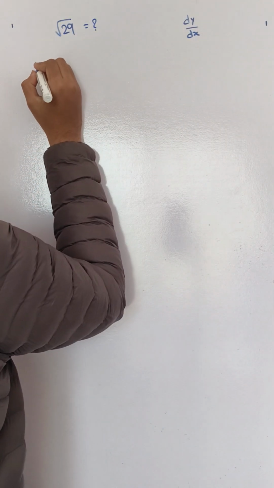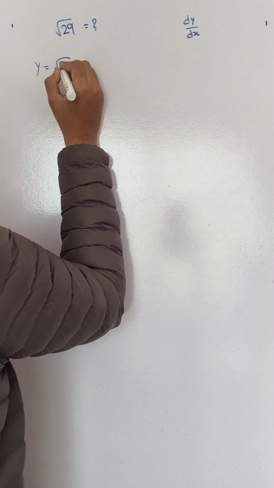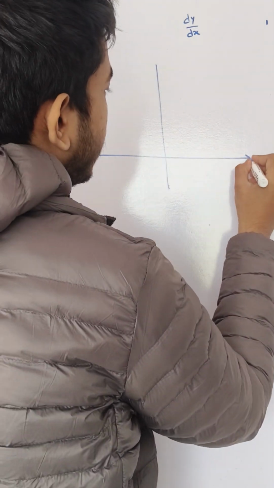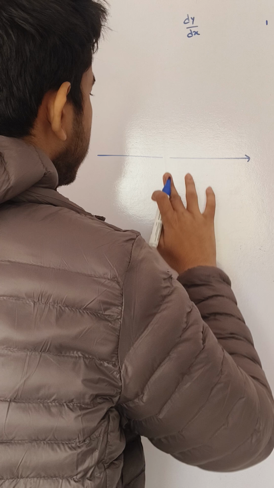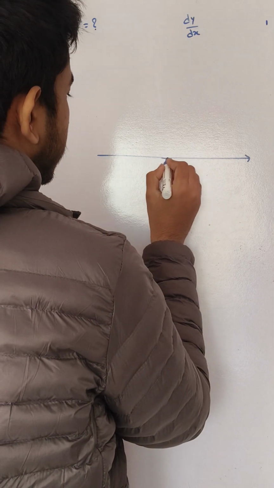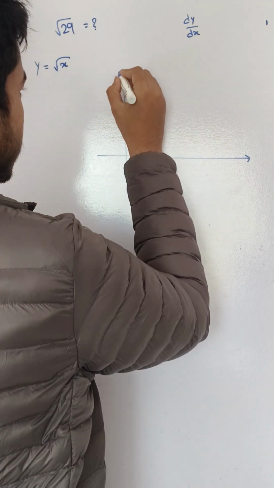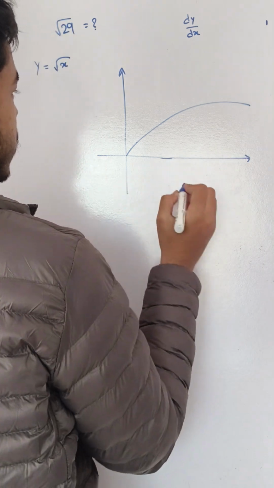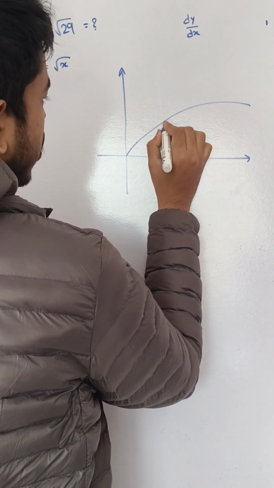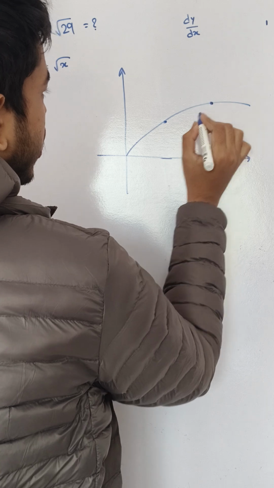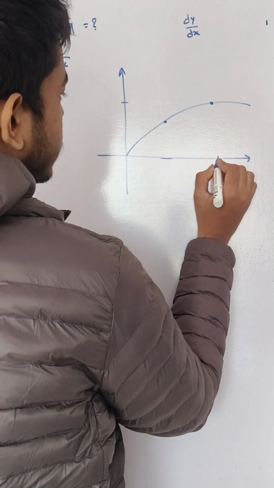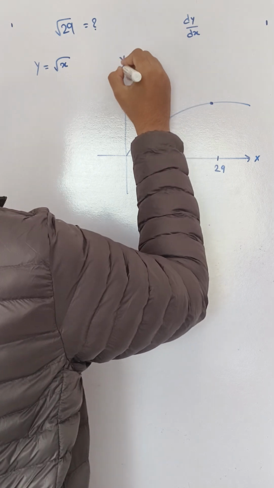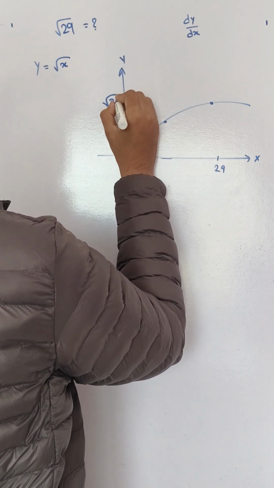Let's take the function y equals root under x. Allow me to draw the graph. Let's take this as 29. This is root 29.